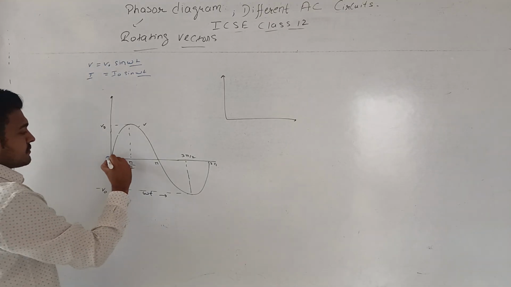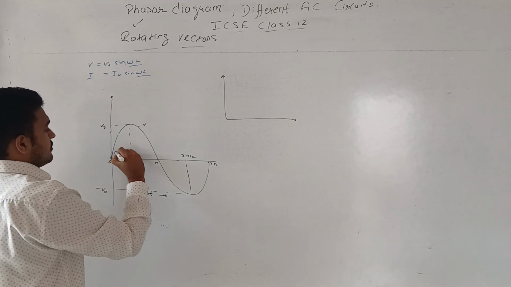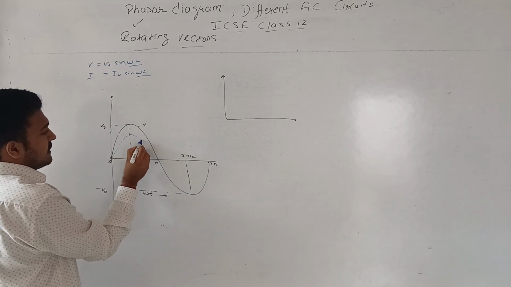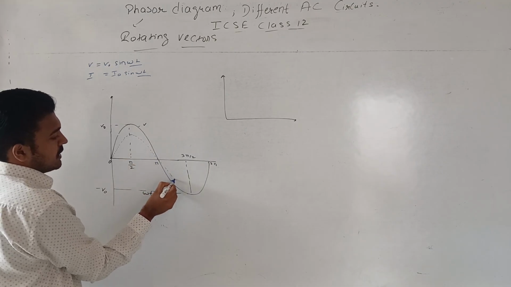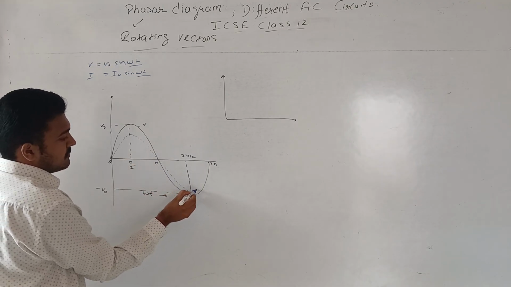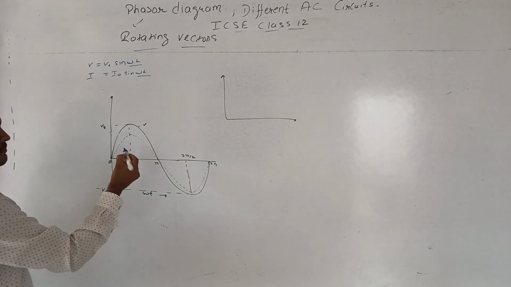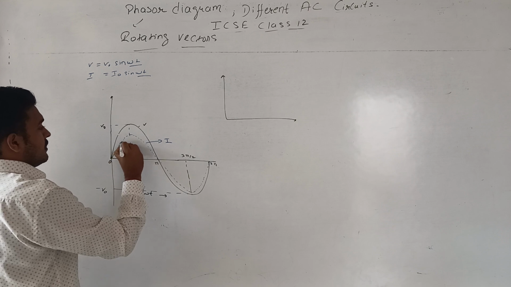It means the current is also varying at the same rate. Current is 0 when potential is 0, current is maximum when the potential is maximum, again current is 0 when the potential is 0, and again the current is maximum when the potential is maximum. The blue line is for the current I.